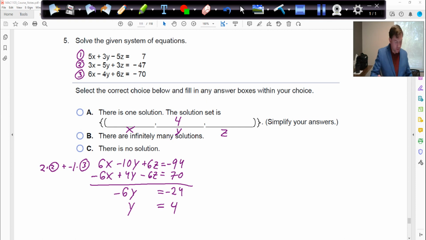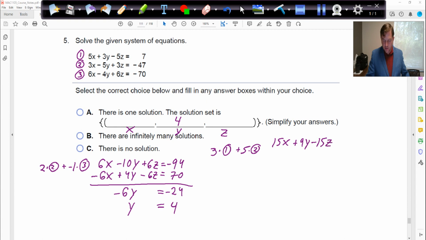So what I did was I said, let's take 3 times equation 1 and plus 5 times equation 2, and that's going to allow us to eliminate z. So 3 times 1 would be 15x plus 9y minus 15z equals 21.